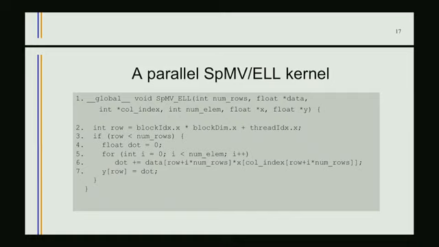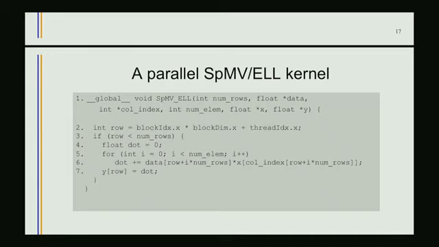Now, because we've padded everything, we don't need to store the row pointers explicitly because they're implicit, because we know where all the rows start and stop, right?